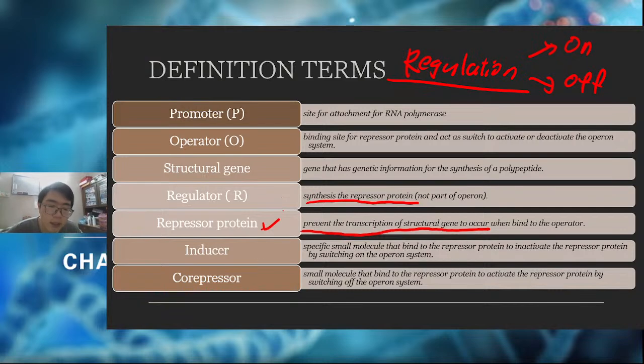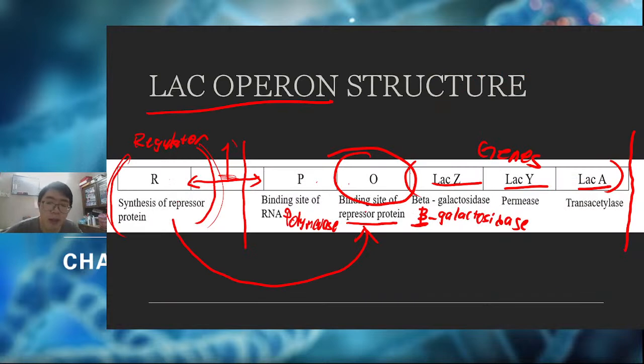And then there are another two terms, inducer and co-repressor. The inducer is a specific small molecule that binds to the repressor protein to inactivate it, switching on the operon system. If there is repressor protein, there will be no transcription. But the repressor protein is already produced because we have the regulator.